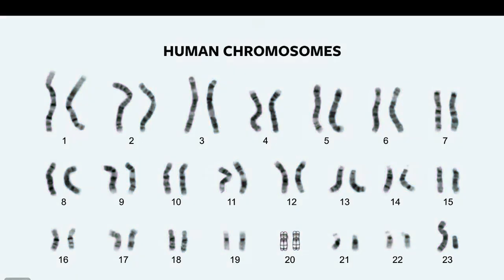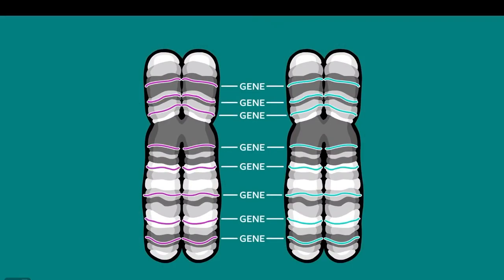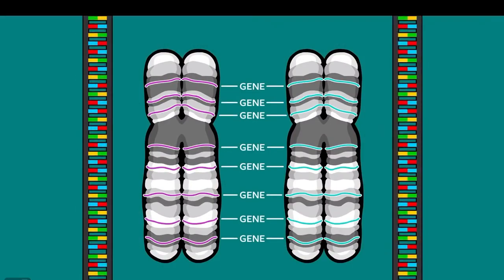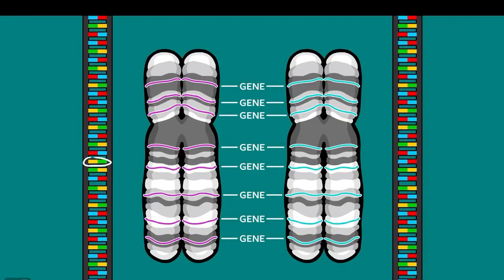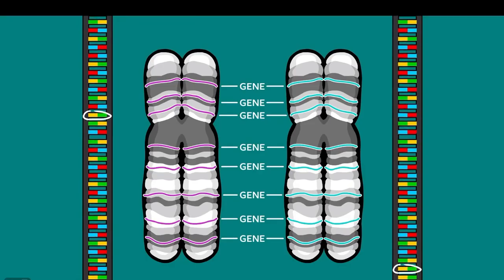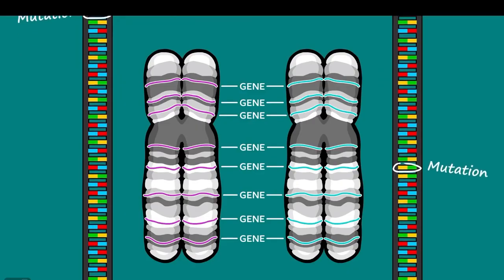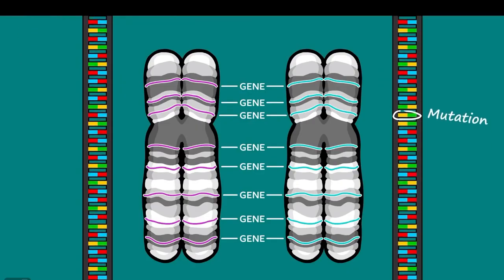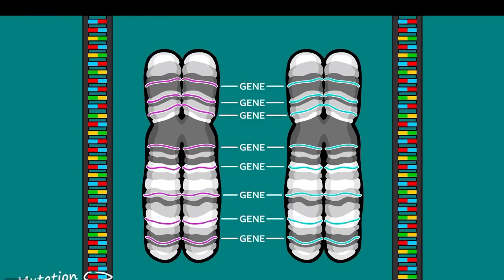If you were to examine the two individuals of a pair, you'd find that for the most part, both contain the exact same genes in the exact same locations. If you were to zoom into the actual genetic code, however, you would find slight sequence variations between them. These are the results of mutations. Most of these mutations happened long ago and have been passed down from parent to child for many generations. Others, however, are completely unique to you.